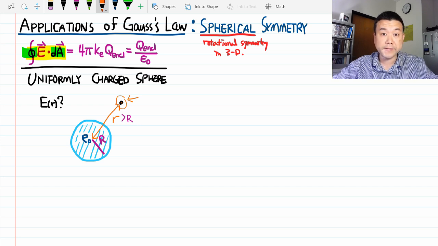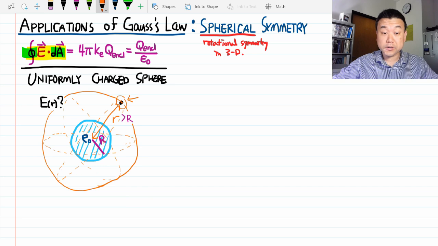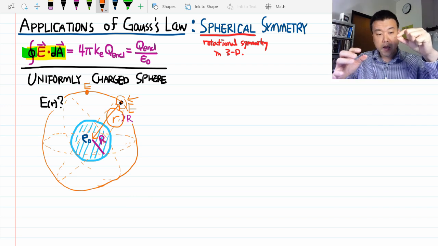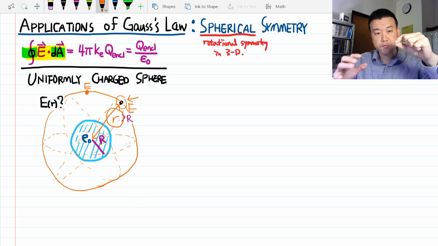So let me draw that. Alright, here's the spherical surface that contains that point. It's a sphere of radius r. Now with this spherical surface, this is the argument we can make. We can say that the electric field magnitude at this point here is going to be the same as the electric field magnitude at this point here. Because this is what we are imagining: take a sphere with this dot here, and we can do what we call a symmetry operation.